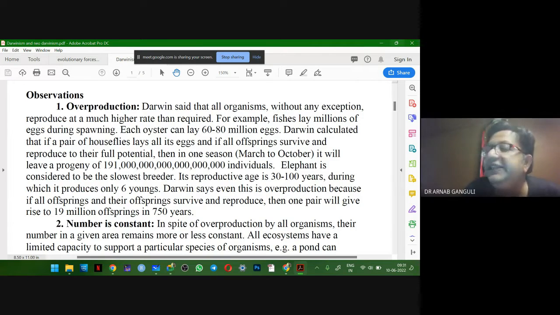The Galapagos Islands were geographically isolated from the mainland, and he saw several species of finches there. These finches were grayish in color, and they looked more or less similar.